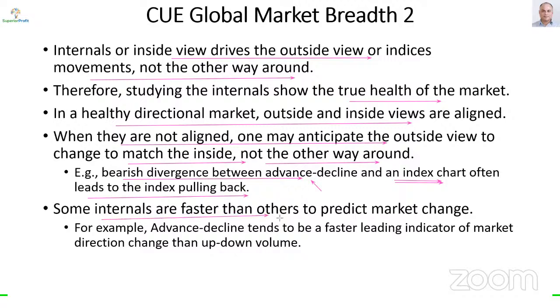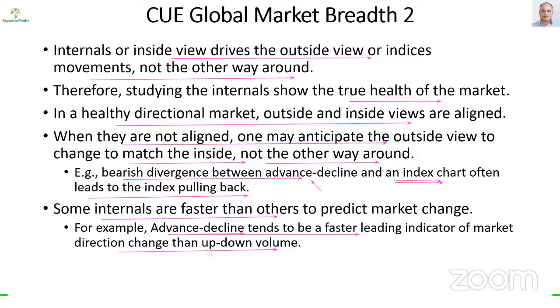Some internals are faster than others to predict market change. For example, advanced decline tends to be a faster leading indicator of market direction change than up-down volume. And that is also obvious from the indicator name itself. Advanced decline tells whether stocks are going up or down.